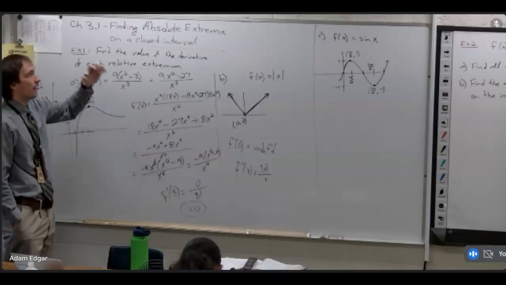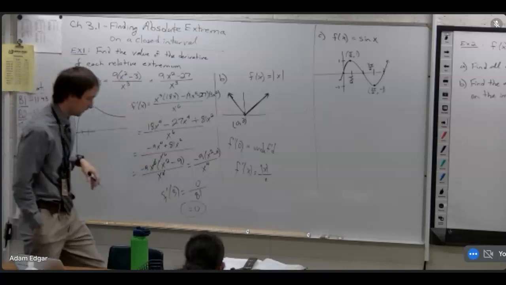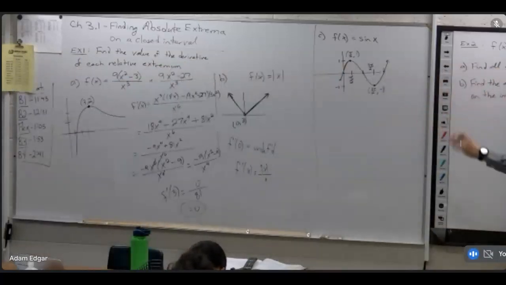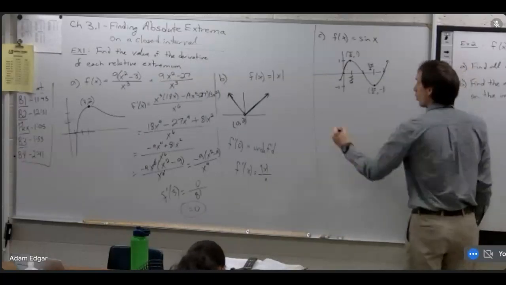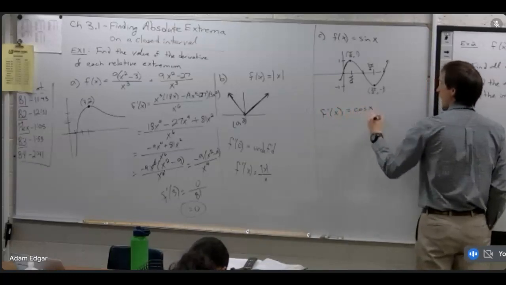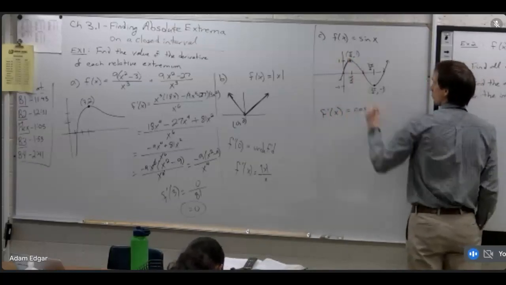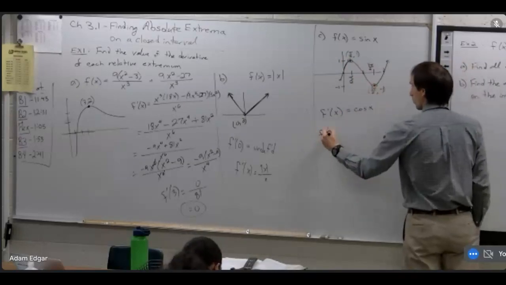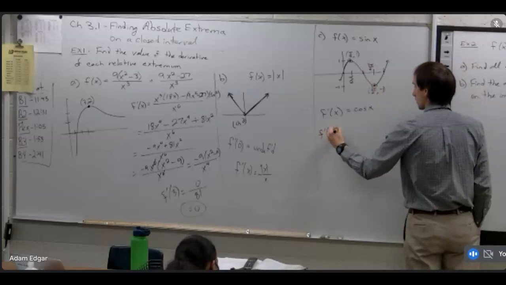And then in C, we got our sine curve. And you know the sine curve extends forever in both directions, but we'll just look at this one cycle of it. What's the derivative for sine? Cosine. And we have a maximum at pi over 2 and a minimum at 3 pi over 2. So what is cosine of pi over 2?